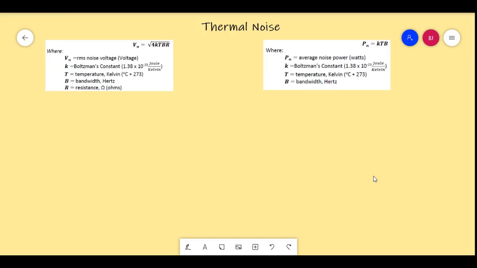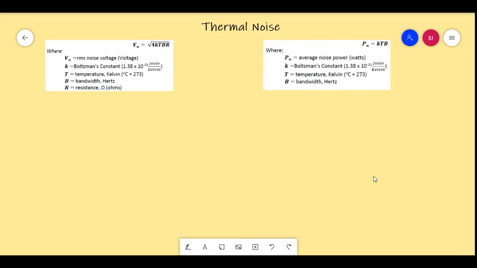The temperature, you have to make sure that the given temperature is in Kelvin. So the direct way to convert Celsius to Kelvin is by adding 273. B is the bandwidth of the signal in hertz, and R is the resistance of the resistor or the circuit in ohms. For noise power, you only need the Boltzmann's constant, the temperature, and the bandwidth.